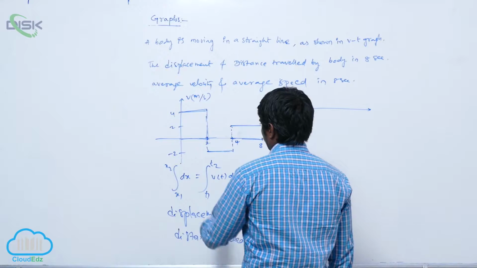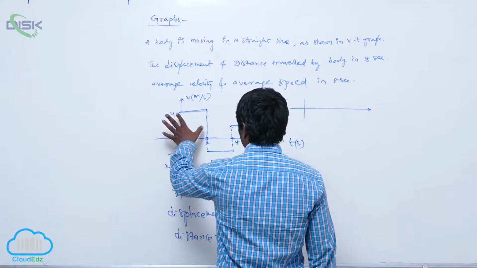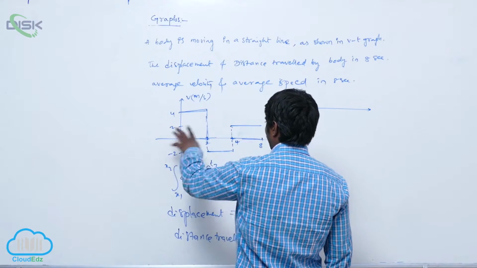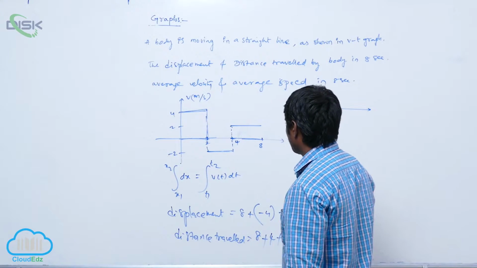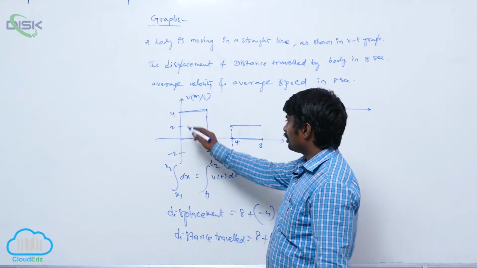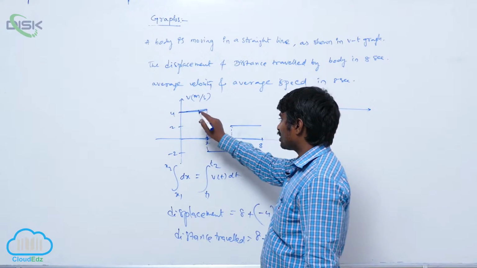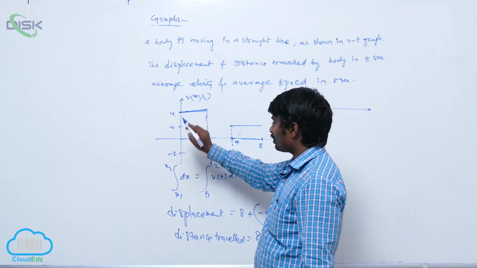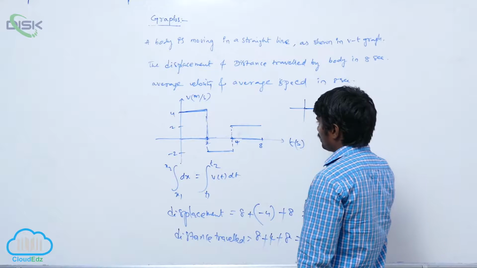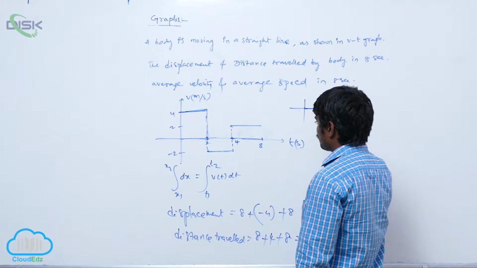initially from where it is starting was not given. From this graph we don't have any information regarding that. Let me take it that it starts from here, with 4 meter per second, positive and constant. So constant velocity, acceleration is 0, it moves like this.